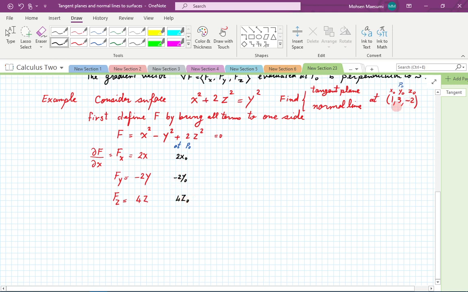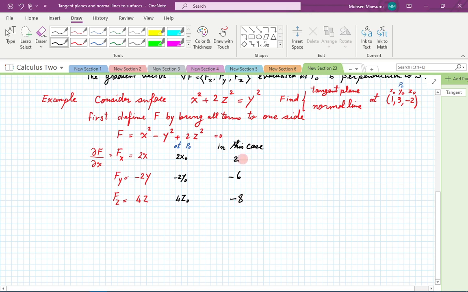In our case, it becomes 2x0, that's 2. 2y0 becomes minus 6. 4z0 becomes minus 8. Is that right? That z0 here is a negative number given to us.